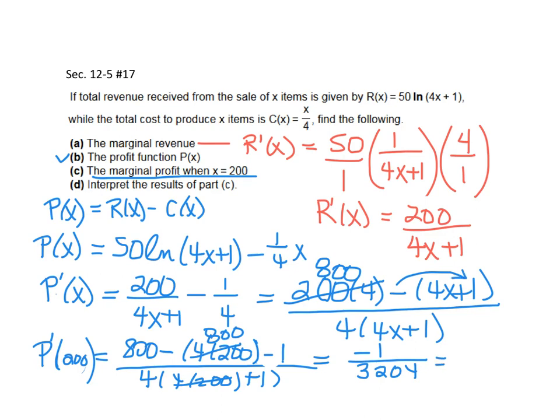So we need negative 1 over 3204. And that is negative 0.0000312. It actually comes out in scientific notation.